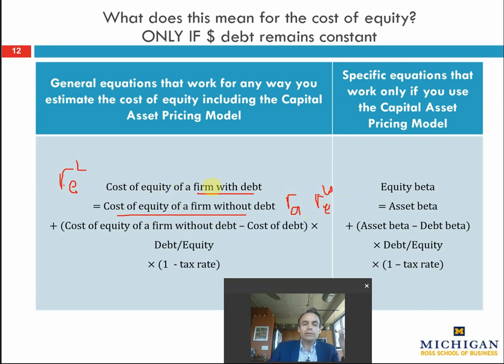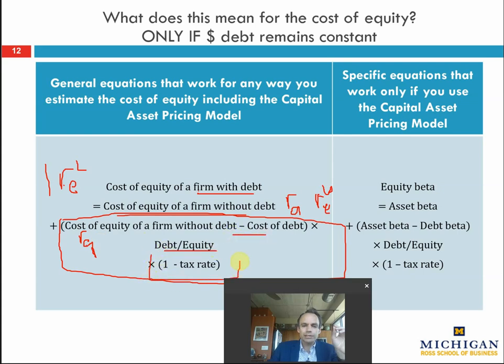So we've got the cost of equity of a firm with debt, cost of equity for the levered firm, is the cost of equity of a firm without debt, also called the expected return on assets or the unlevered cost of equity, plus this premium, cost of equity of a firm without debt minus the cost of debt, or the expected return on assets minus RD, times the debt to equity ratio times 1 minus tax rate.